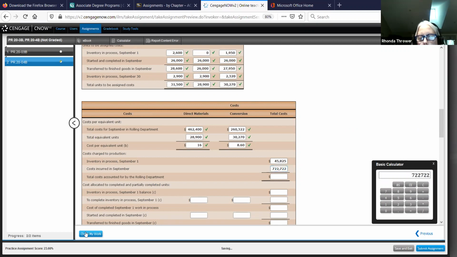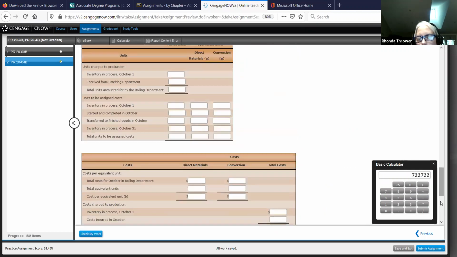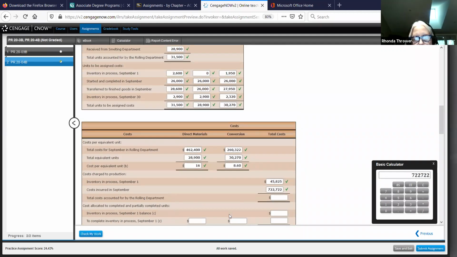Let's check our work just to make sure that we've added correctly. So far, so good. Now we got to find the total costs that are accounted for this month. It would be your beginning inventory cost plus the materials, labor, and overhead. All of this combined here will give you the total cost. So I'm going to add to these costs the beginning inventory cost of $45,825.